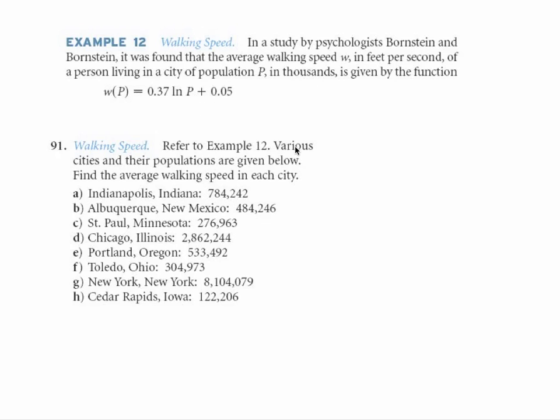So we want to know what the walking speed in each city would be. So here's my formula. The walking speed in a certain city with a given population is 0.37 ln of P plus 0.05.